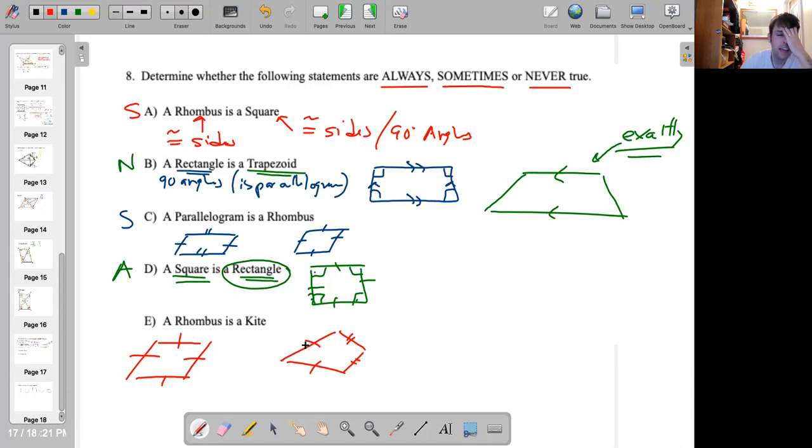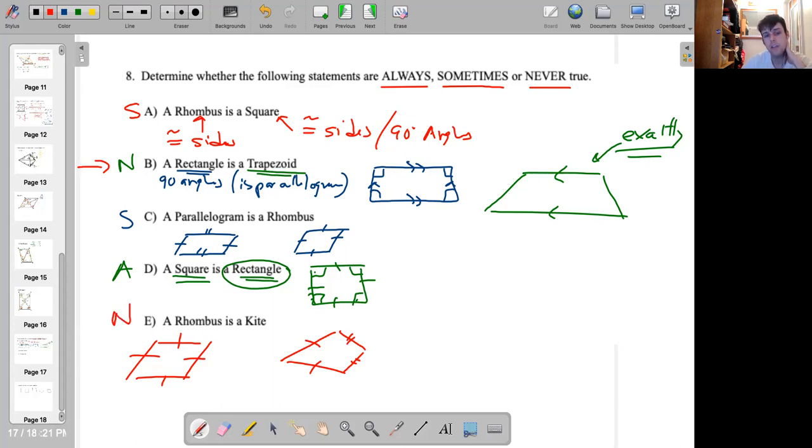So it could be like the previous one, where there's something about the definition that doesn't allow it to work. Or it could be that it is sometimes true or always true. I'm flexible either way as long as a good explanation was given here.